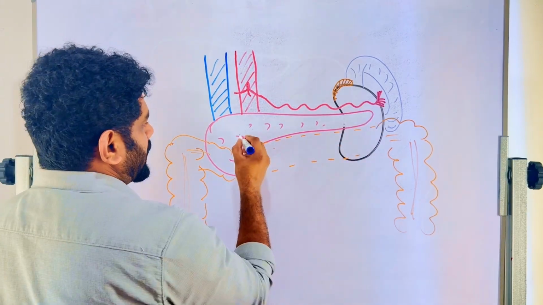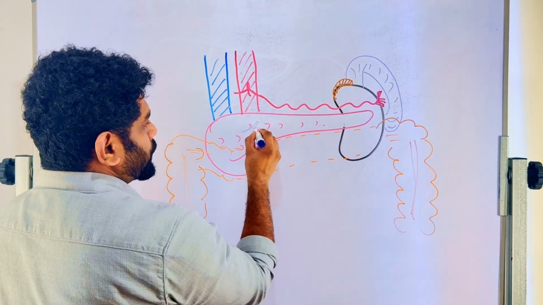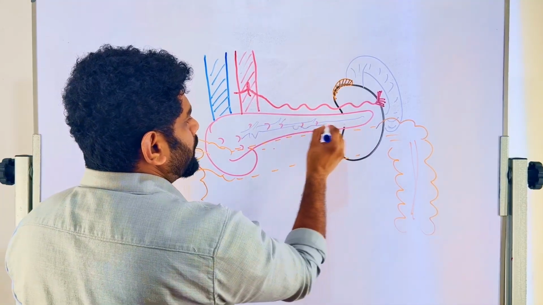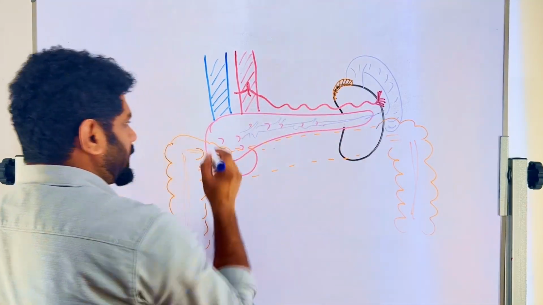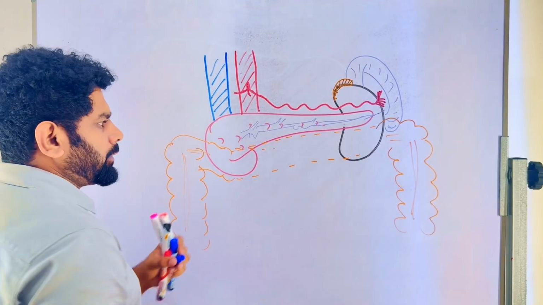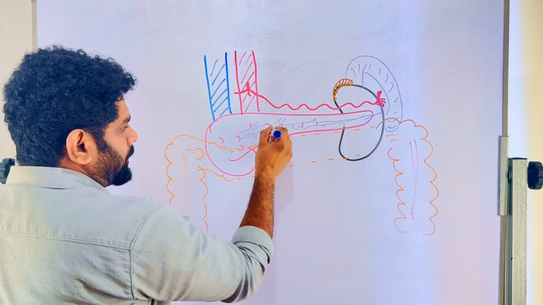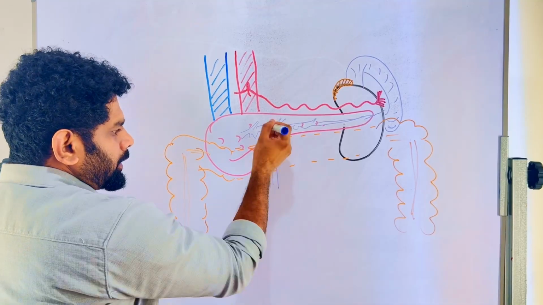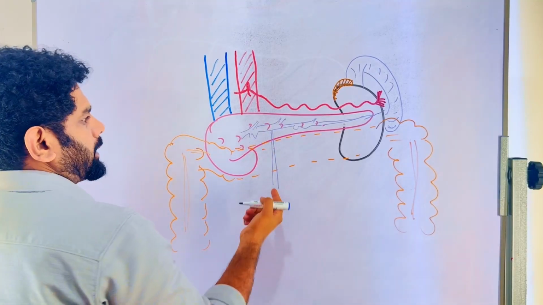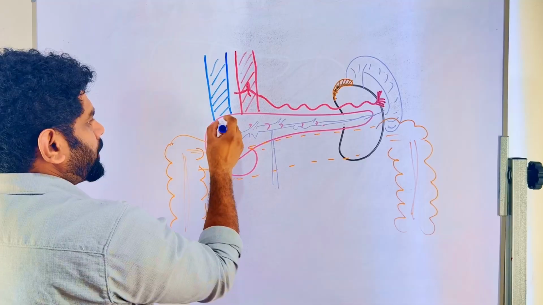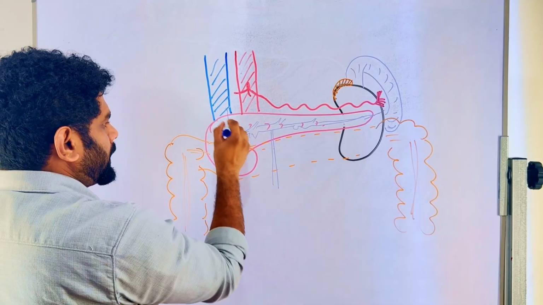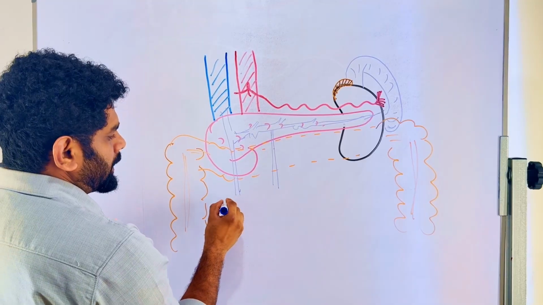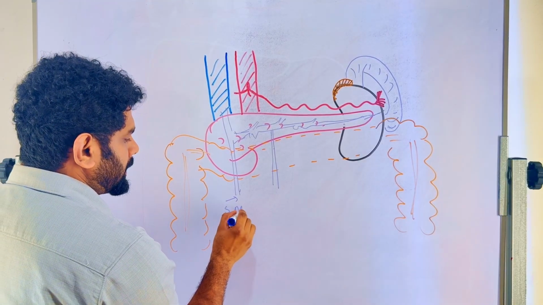There will be the vein, the splenic vein, actually posterior to the pancreas. Posterior to the pancreas, there will be the splenic vein, and the inferior mesenteric vein will get connected with the splenic vein, and there will be the superior mesenteric vein. This is the superior mesenteric vein.